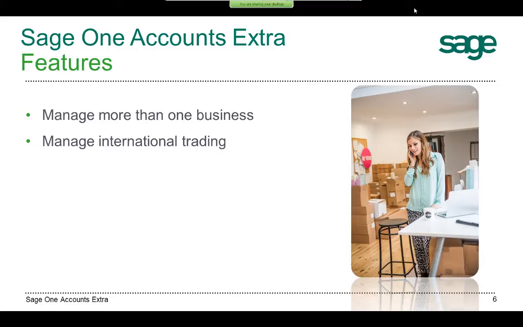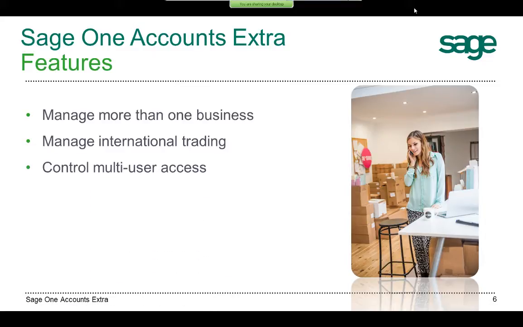And Sage 1 will also help you comply with VAT law on selling goods and services inside and outside of the EU. You can record sales and purchases in multiple currencies. Exchange rates and exchange rate gains and losses are calculated automatically, and you can calculate VAT for EU and non-EU sales and purchases.